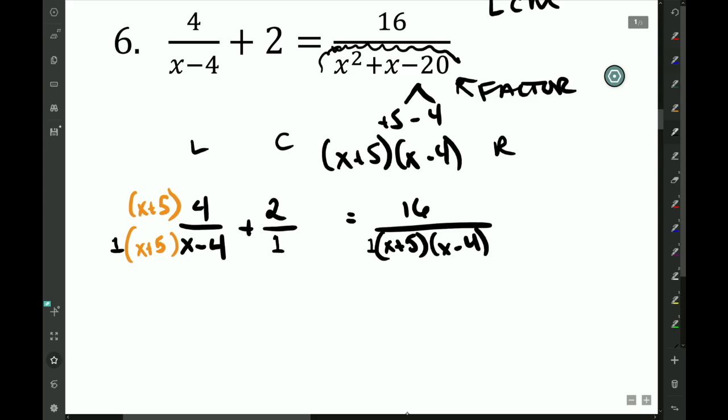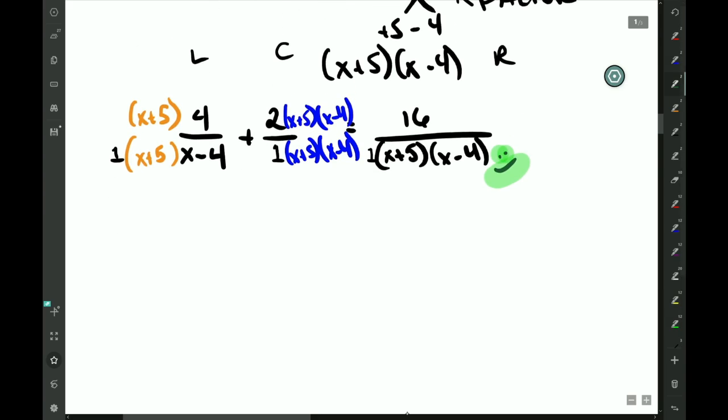But on the other hand, it needs an x plus 5 and an x minus 4. Okay, so that's where more work will come into play. And this one actually already has everything. So a lot of work, but mainly on the left side.